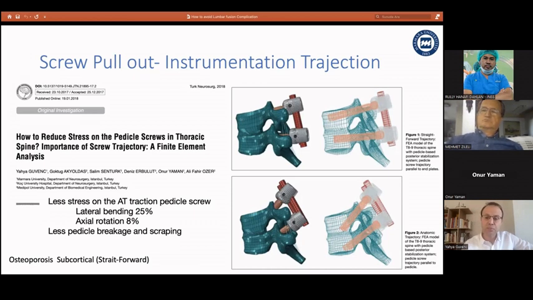The trajectory is important, and another thing is that the trajectory changes between upper thoracic level and middle thoracic level. And when you use pedicle screws in the cervical area, again, trajectory is very, very important. And we should use correct trajectories to prevent screw pull outs.